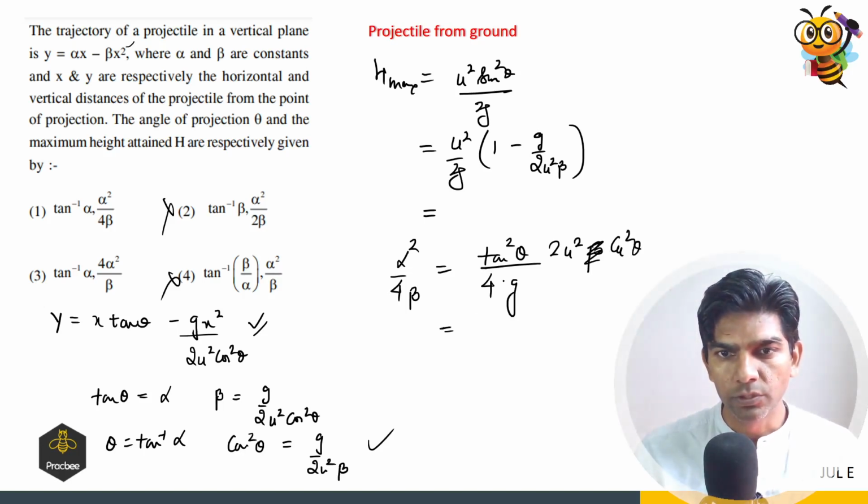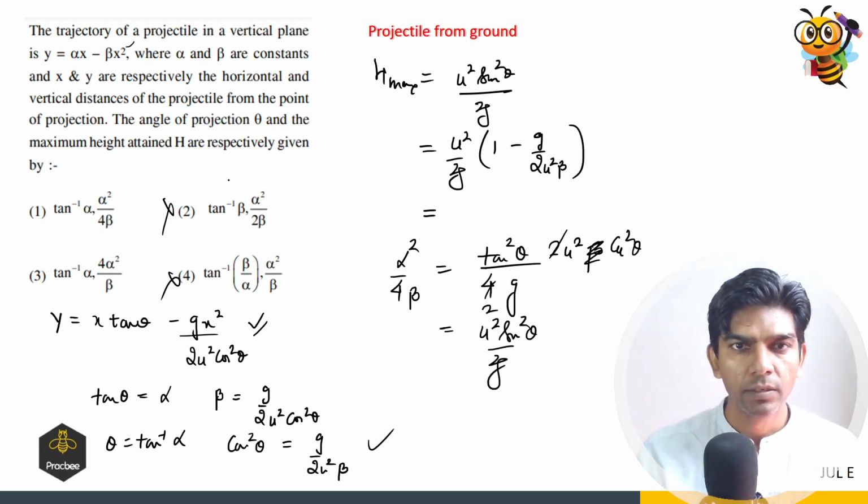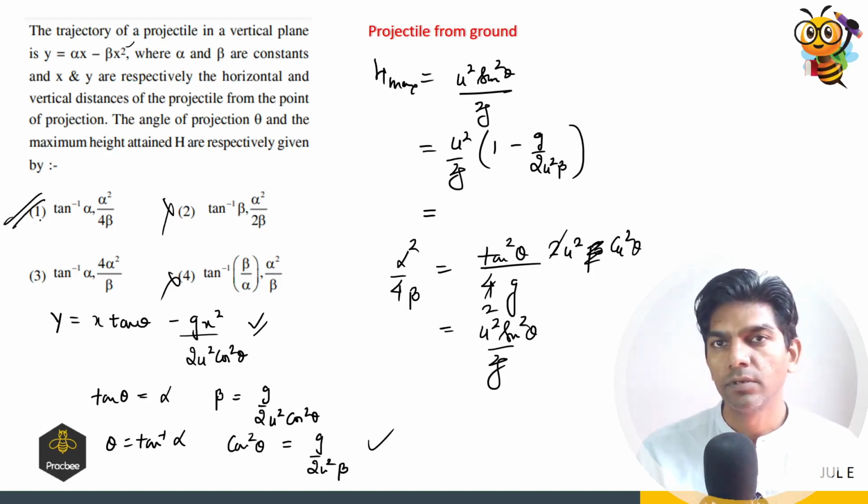So this will give us 2. So it will be u square sine square theta by 2g, right? So it means option 1 is the right answer.